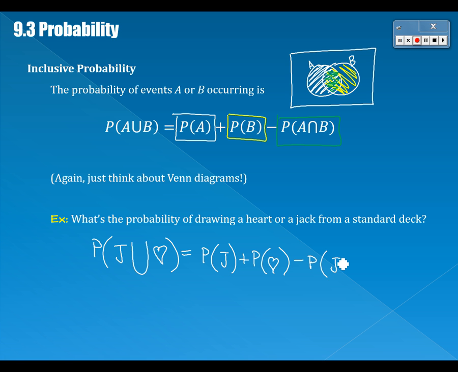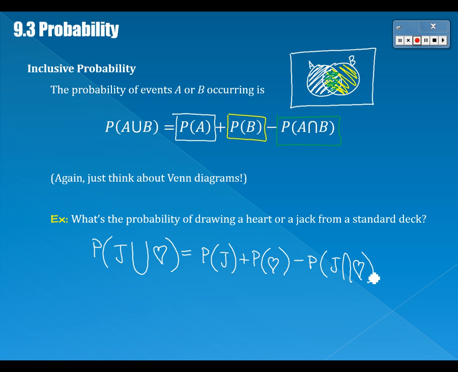Before we begin, is it possible to get both? Oh, right. There is one card we could pull that is both a jack and a heart, the jack of hearts. So there is a possibility of that happening.